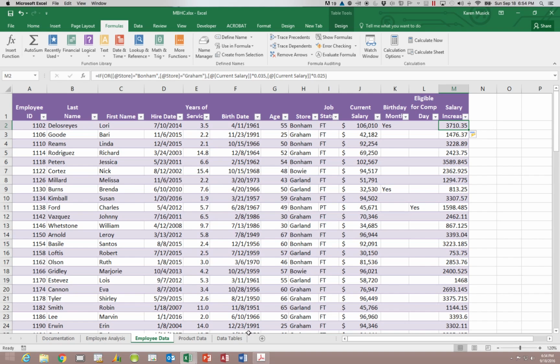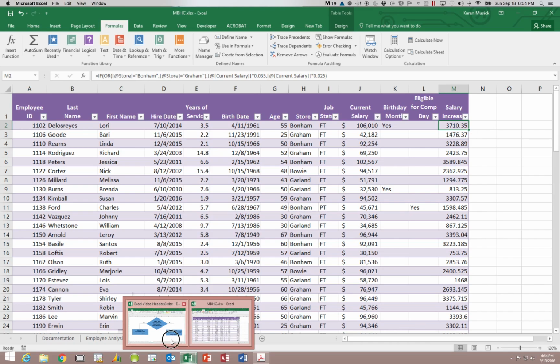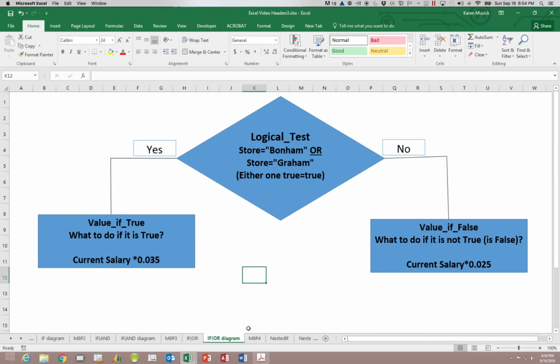Now let's take a look at some algebra. So if I want to calculate not their salary increase, but the new salary, I could say that is equal to the current salary plus the salary increase.